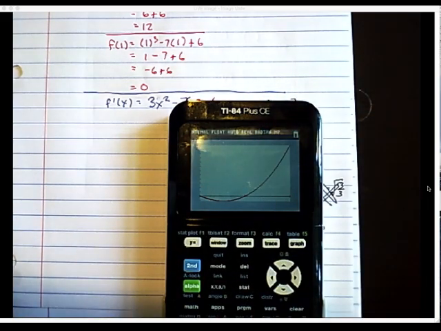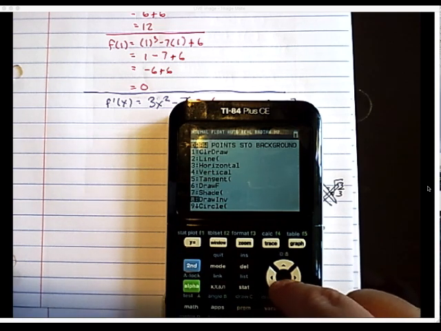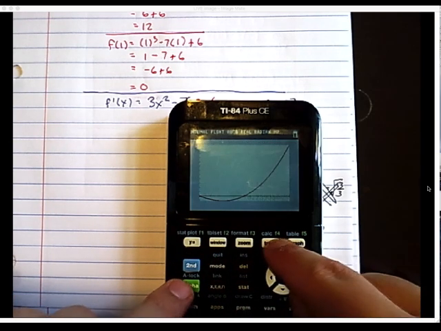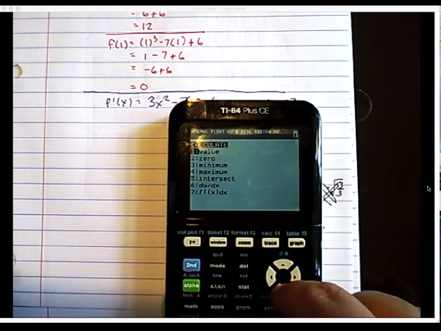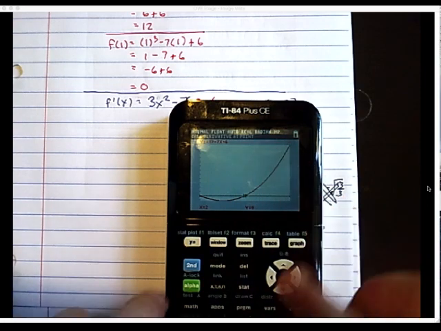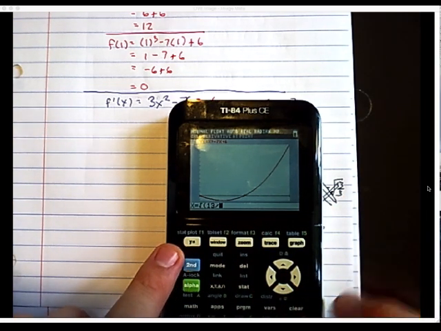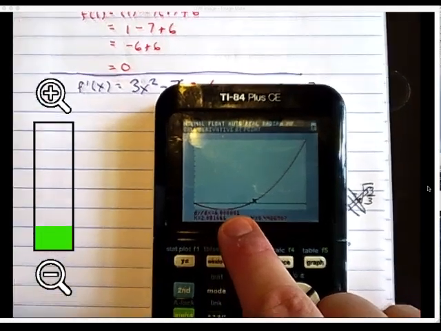All right. Now I think where the slope of the tangent line is. Okay. So let's see if it'll let me draw on a secant line. No, it's not going to let me draw on a secant line. But what I can do is, if I hit second, calculate, go to option 6, let's calculate the derivative at the point square root of 13 over 3. And hopefully you can see right there.